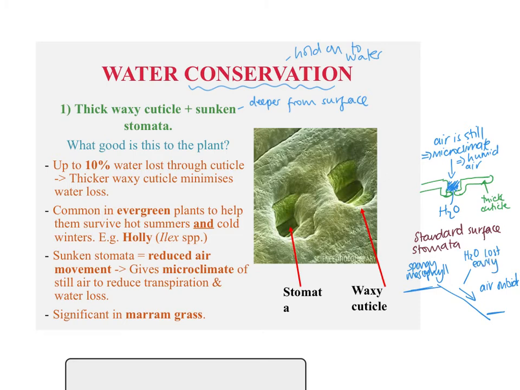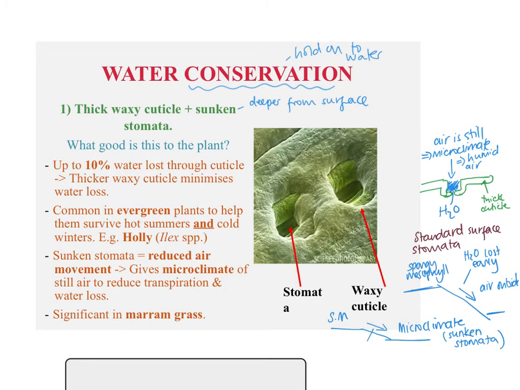However, with that sunken stomata, we might have a concentration of water still quite high in the spongy mesophyll, but because we've got that microclimate, because the air can't move around that sunken stomata, it means that there's a slightly higher concentration of water in that area. Okay, so the gradient is a lot shallower.